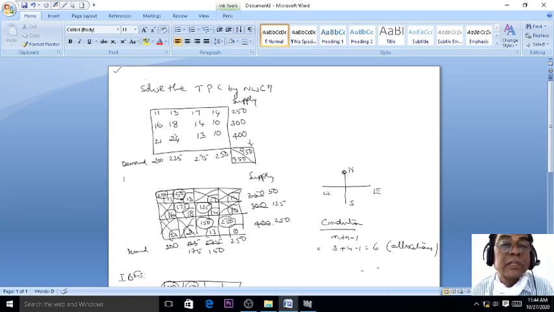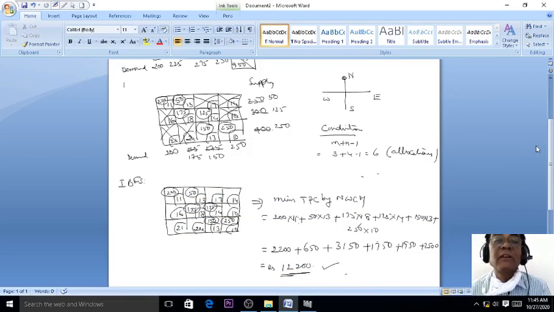Next go to the starting cell, always the starting cell. 13 means here is 225, here is 50, shift the 50 here. First shifting, next cancel the corresponding row, next subtract like this. Apply the same method to the remaining elements.